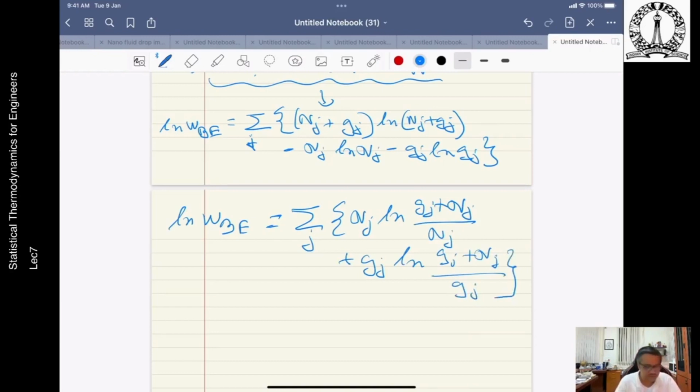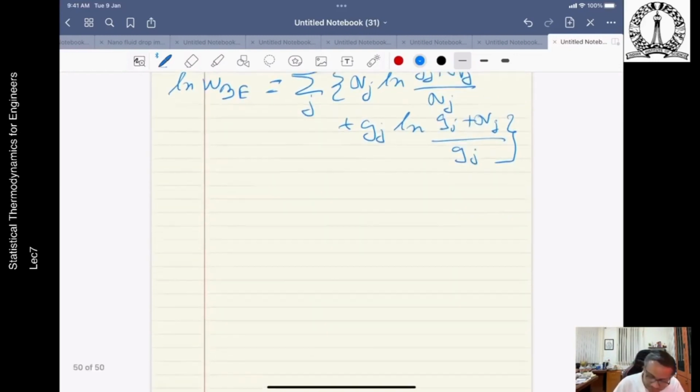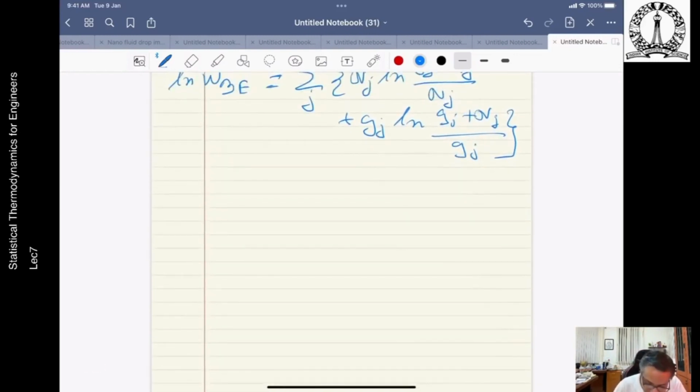Okay, so this will be your Bose-Einstein statistics. Up to this point we have worked out the Bose-Einstein statistics, but we are not done yet. We will do the Fermi-Dirac now, take it up to the same level, and then we will see the most probable distributions.